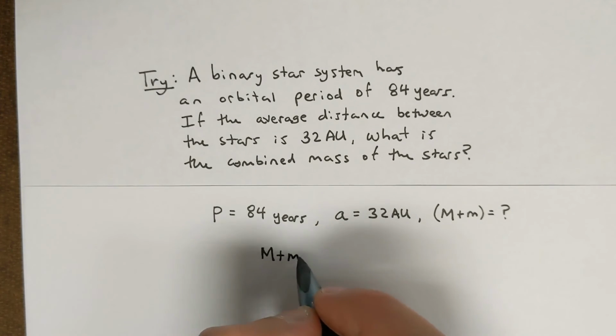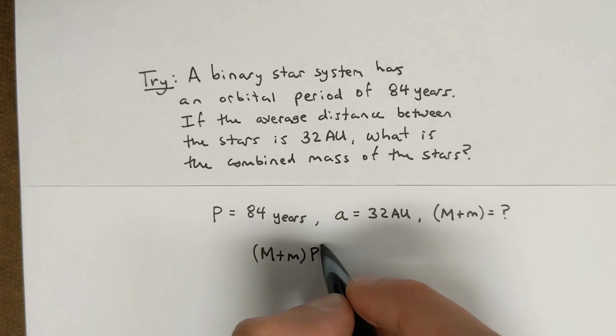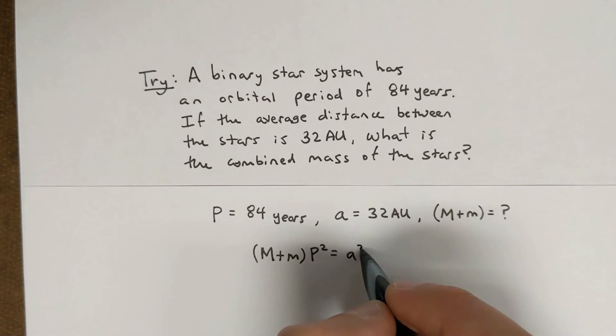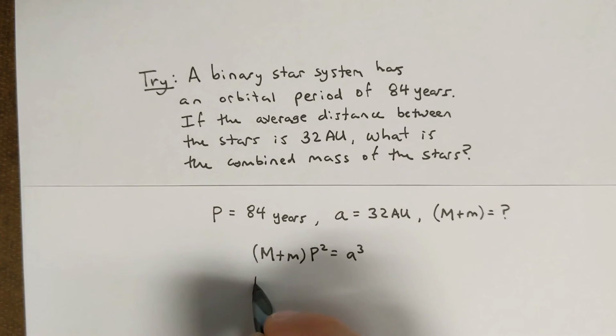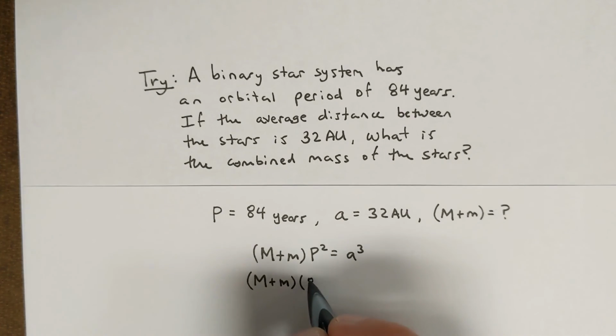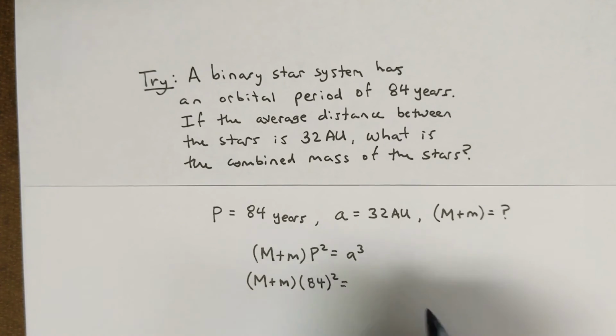So let's write down the equation. M plus m times P squared is equal to a cubed. And we'll substitute in our values, so 84 goes in for P. We have to square that. And then a is 32 astronomical units, so 32 cubed.